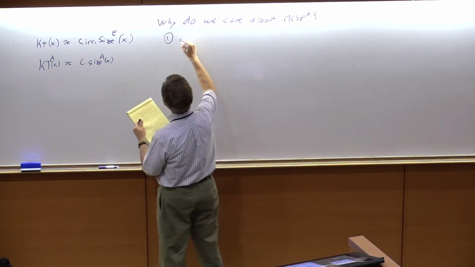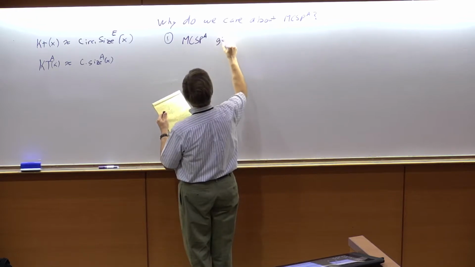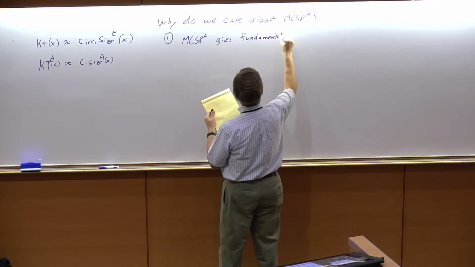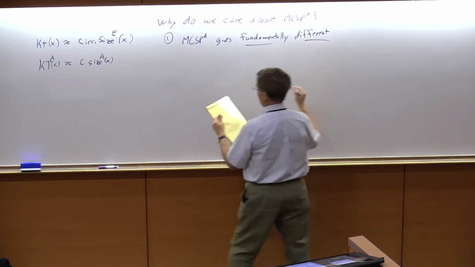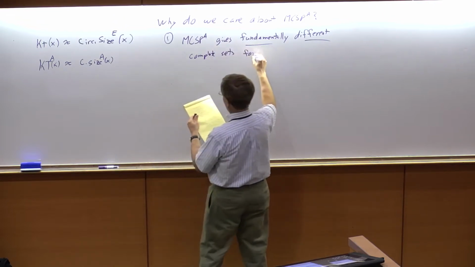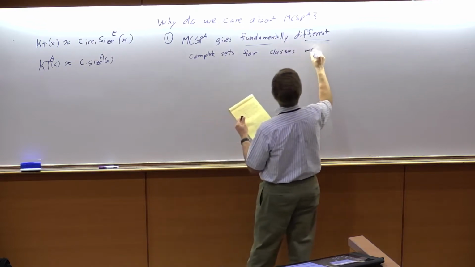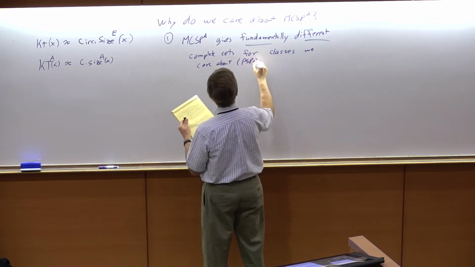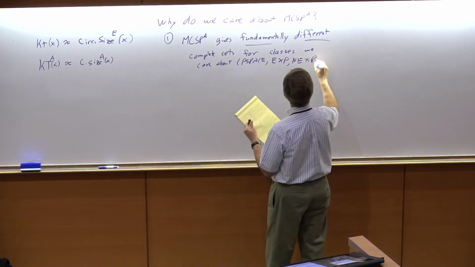Number one, MCSP relative to A gives fundamentally different complete sets for complexity classes we care about, such as PSPACE, exponential time, nondeterministic exponential time.